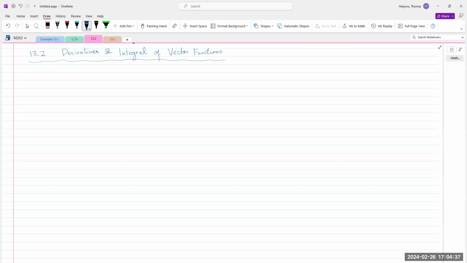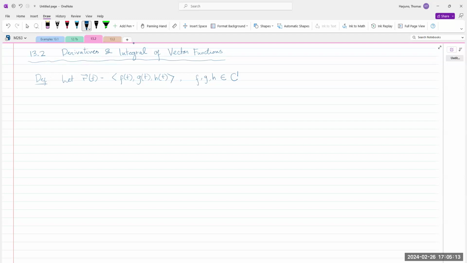Okay, let's start with the definition. Let our vector function r(t) be the function f(t), g(t), h(t), where f, g, h are functions of t and elements of C1.